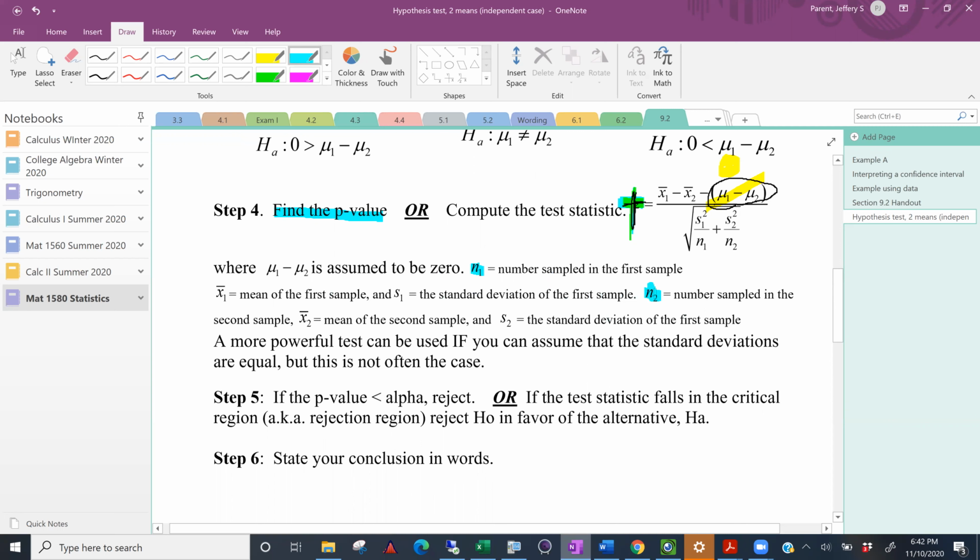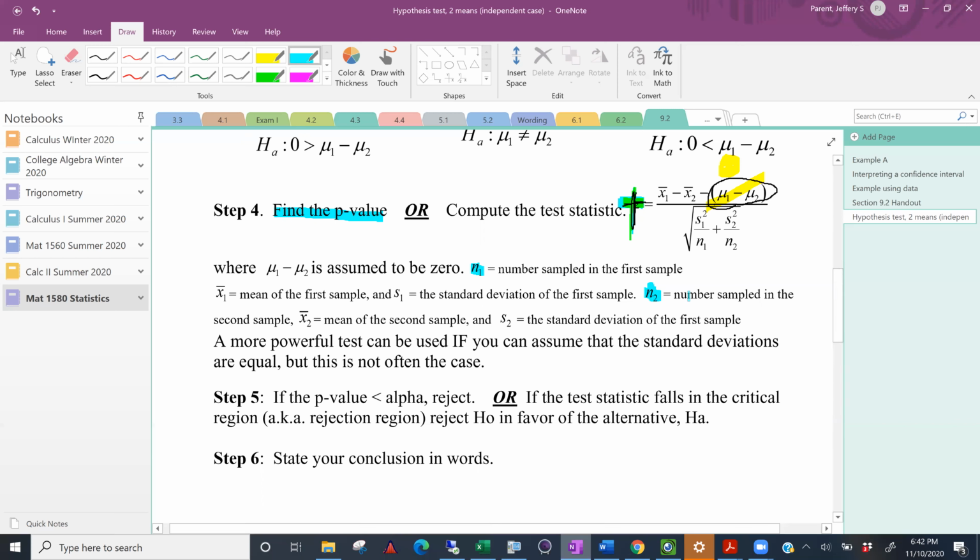So the smaller of those two is going to be your degrees of freedom. But the software is going to give you a better number for degrees of freedom. It's going to do an approximate degrees of freedom, which is going to make your test more powerful. That is, if H naught was false, you have a better chance of rejecting H naught.